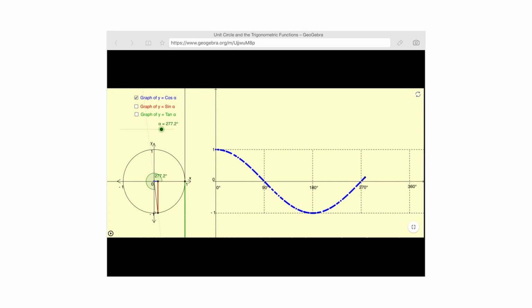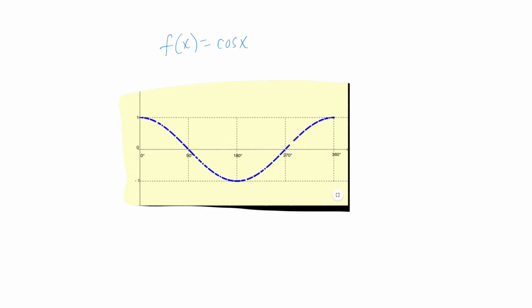After that, we finish off the ride. We are to the right side of the rope, or the right side of the vertical axis. When we go to 360, we come back to where we began. So here we have one cycle or one revolution of the wheel.